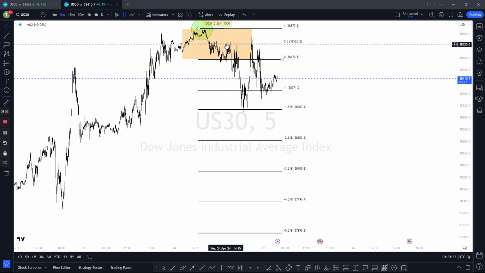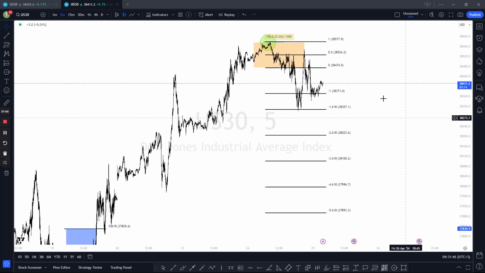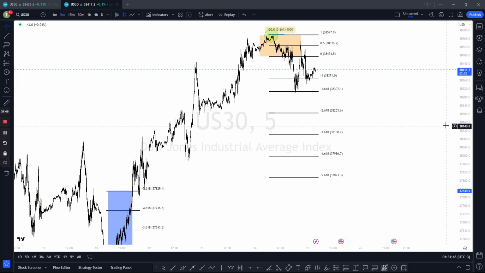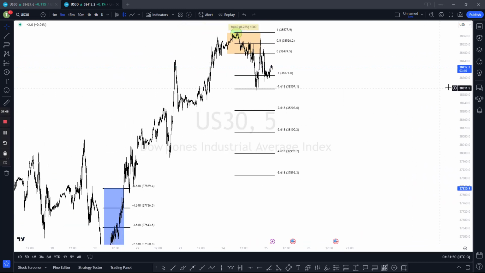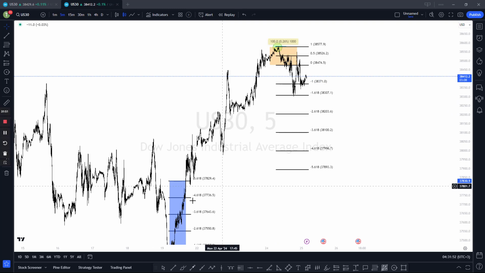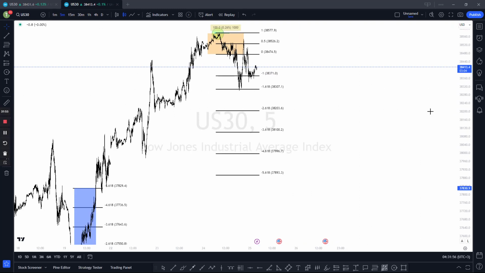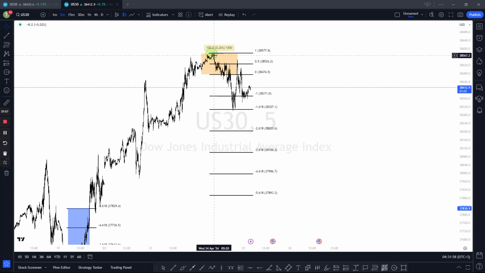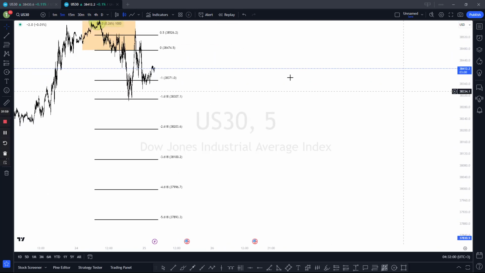Zero level, 50% retracement, double top, triple top, maybe quadruple top, definitely a triple top. 1, 2, 3, and drop. I'm not going to get into which way this is going, up or down, in my opinion. From what it looks like overall we're in an uptrend, just based on the 5-minute chart. But this would be considered a major high, and these levels are being extremely well respected.